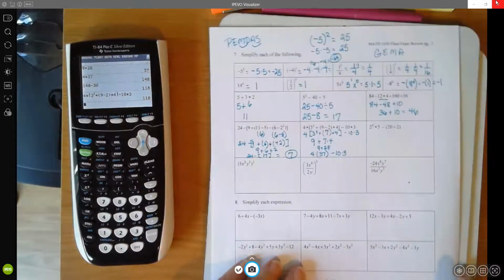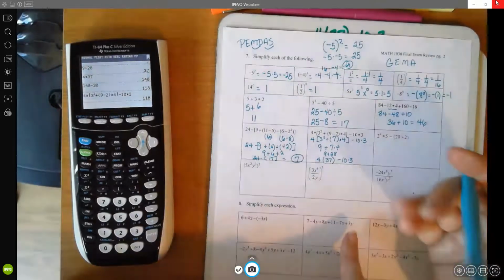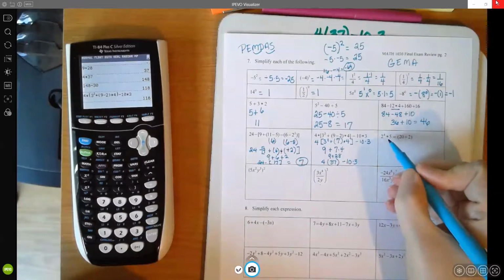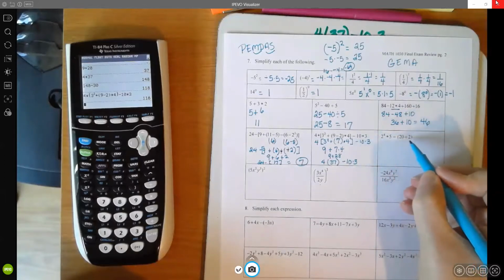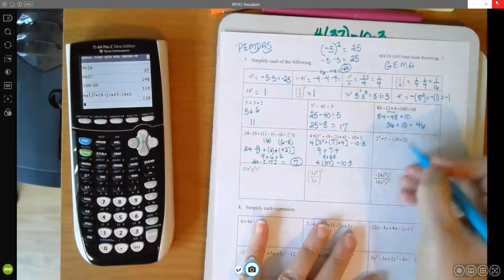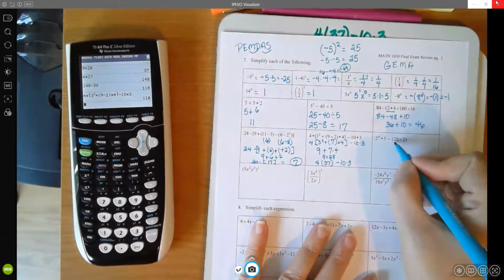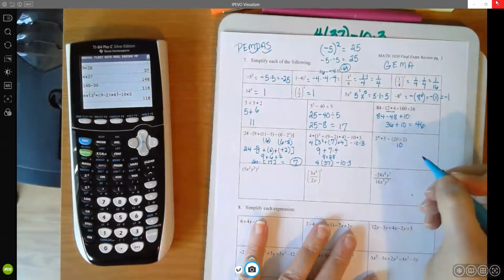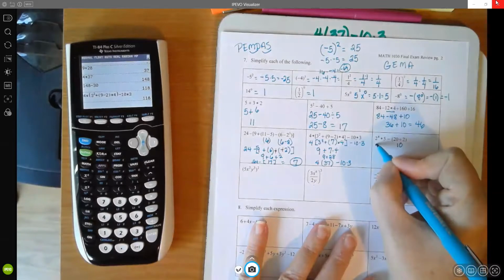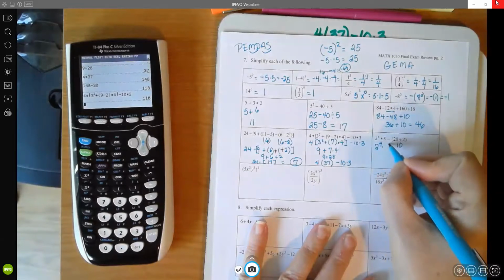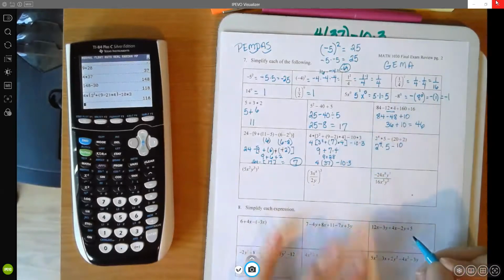And we'll slide this back underneath and we'll pick up where we left off and do the next problem. 2 to the 4th times 5 minus 20 divided by 2. So we do what's inside the parentheses first. 20 divided by 2 is 10. So that's 2 to the 4th times 5 minus 10.